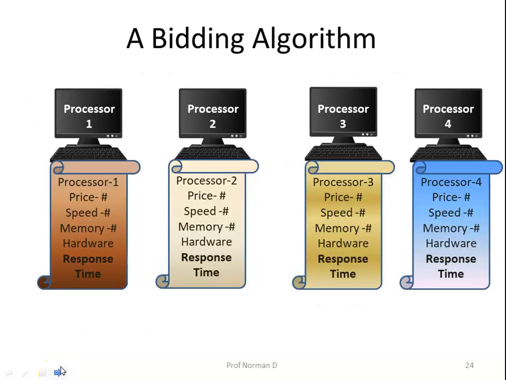Moving to the last algorithm, that is the bidding algorithm. Now here we have n number of processors. Each processor advertises its approximate price by putting up a publicly readable file.